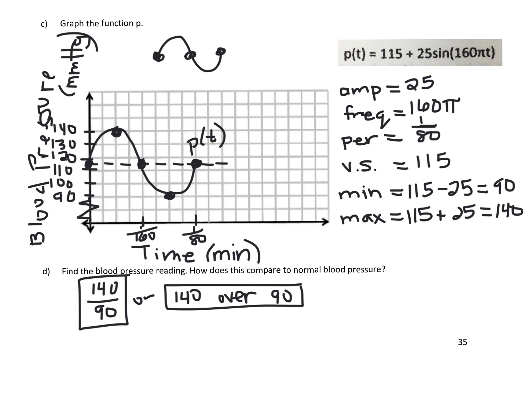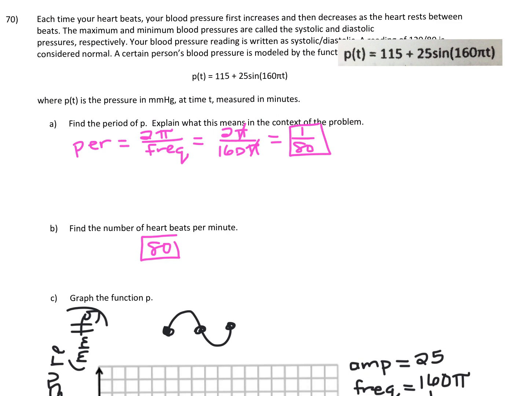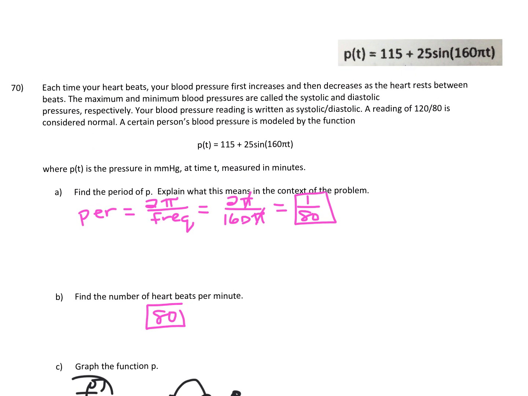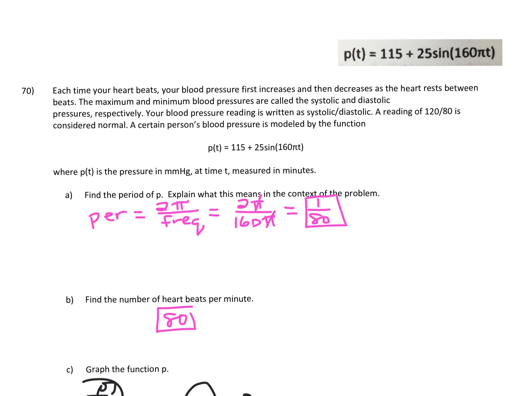So then it says, how does this compare to normal blood pressure? All right, so let's go back up to the very beginning of the problem. I'm actually going to scroll up to the beginning. It says a reading of 120 over 80 is considered normal.